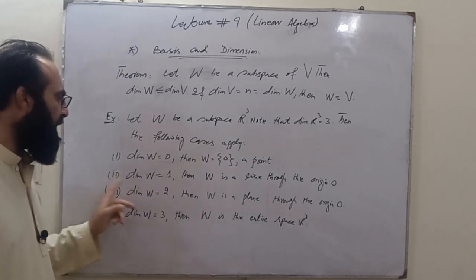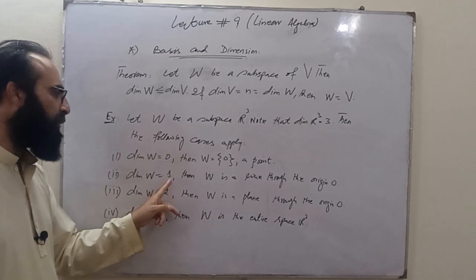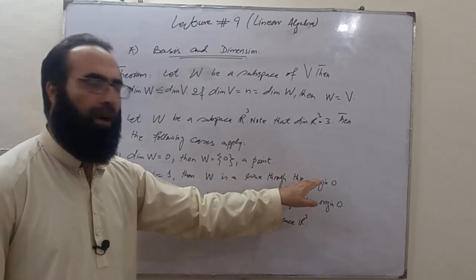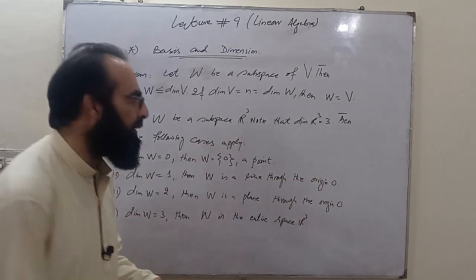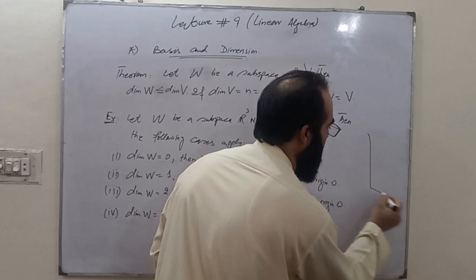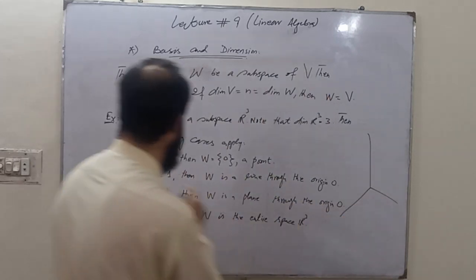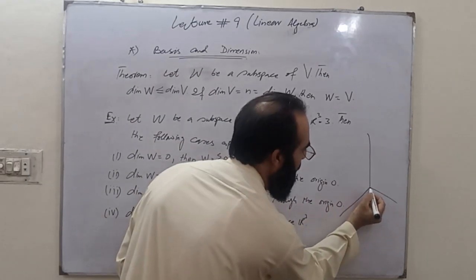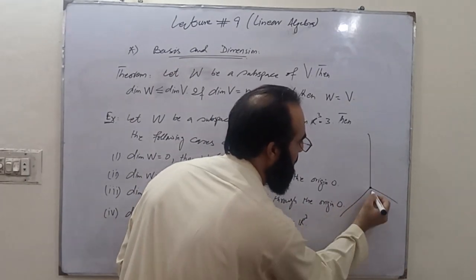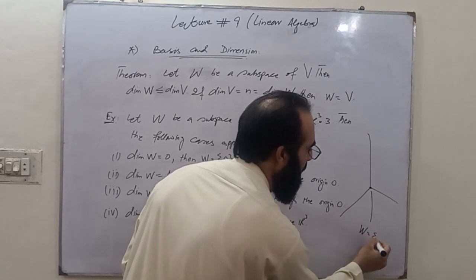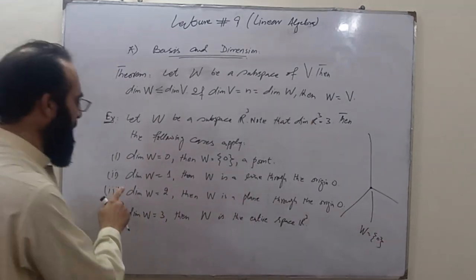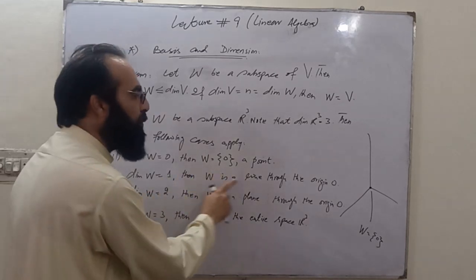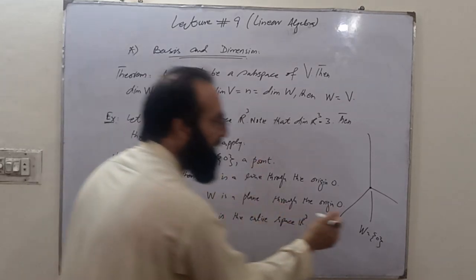Number 2, if the dimension of the subspace is 1, then W will be a line passing through the origin in the XYZ space. For example, we have this XYZ space. In this case, if the dimension is 0, then W will consist of only this origin. And if the dimension of the subspace is 1, then W will be a straight line passing through the origin.